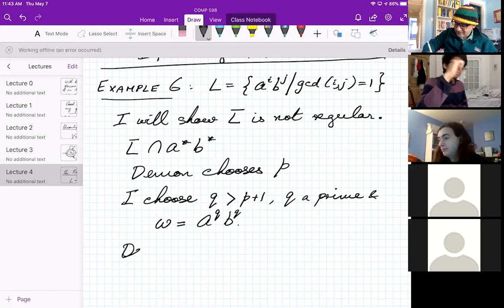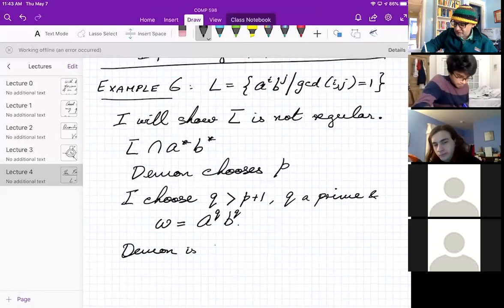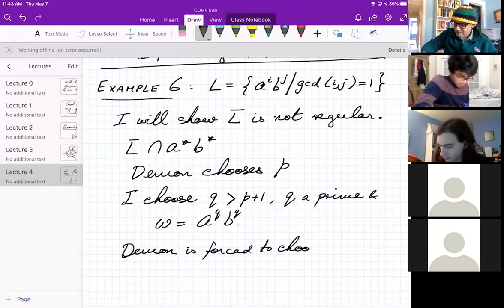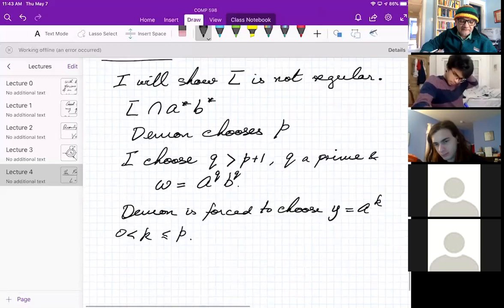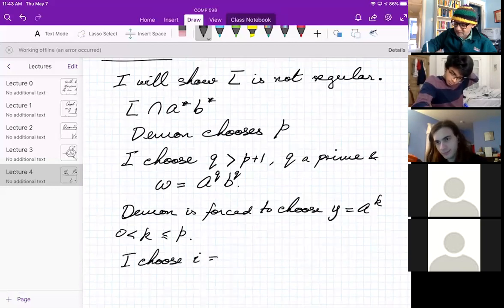So Demon is forced to choose Y equals A to the K, with K strictly positive and less than or equal to P. So I choose I equals 0, another pumping down situation.